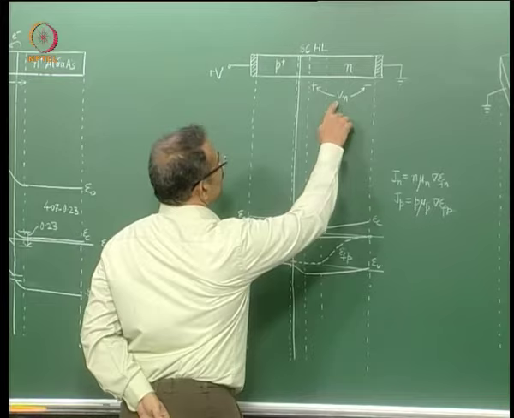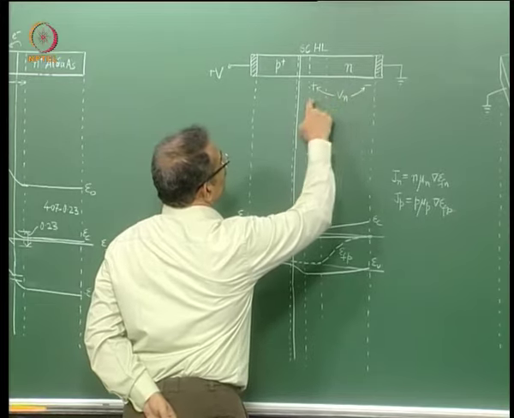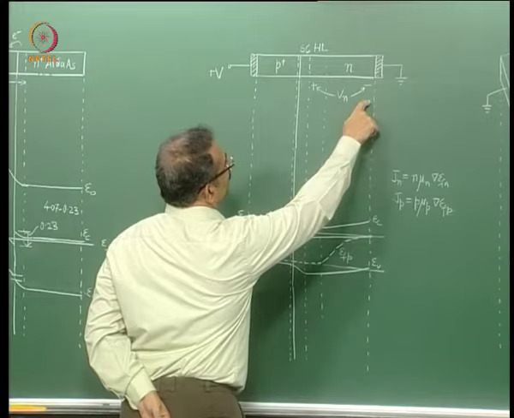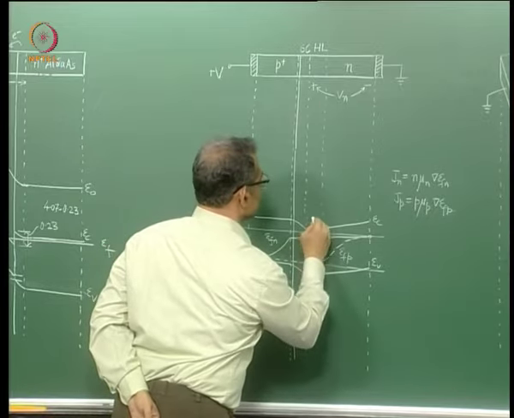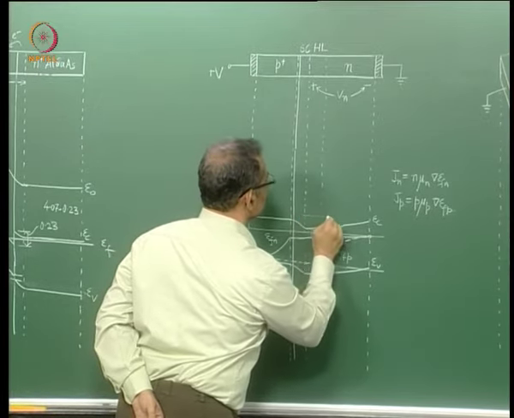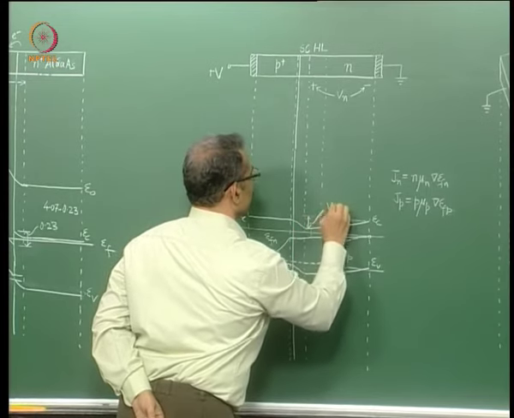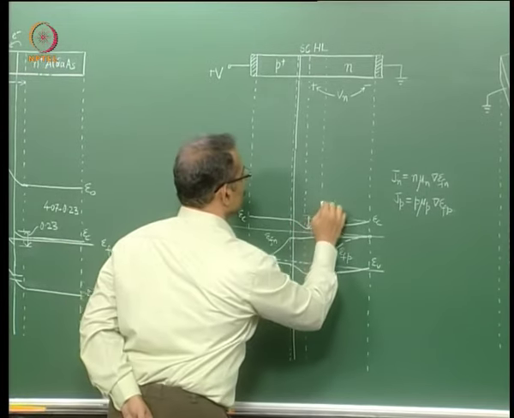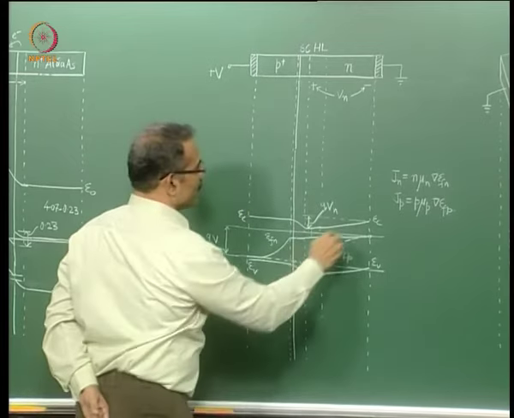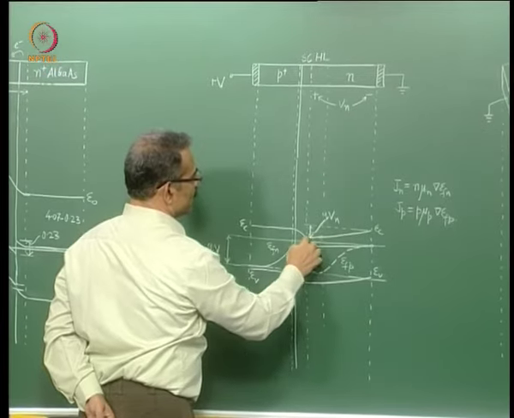Now this Vn is a potential drop on the lightly doped side, so that is indicated here on the diagram as follows. So this difference is Q times Vn, the total variation in EC over the neutral region.